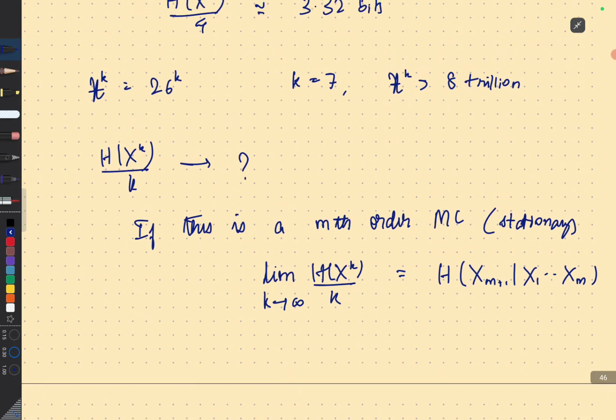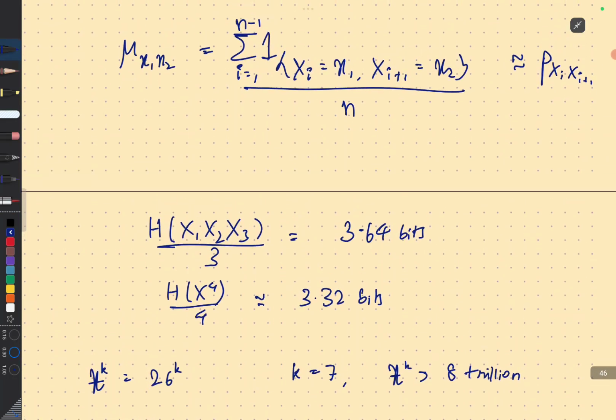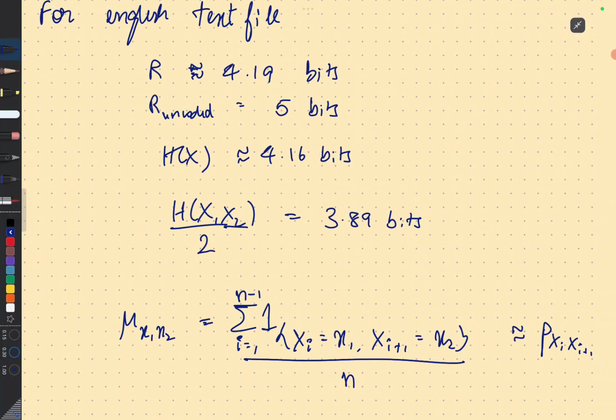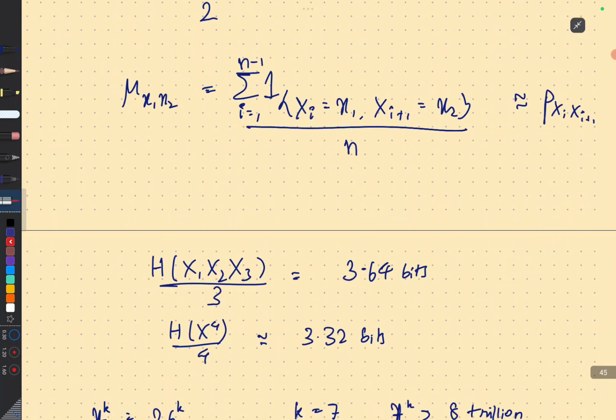But the point here is that even if we do symbol-wise encoding, that is, we treat it as an IID source, but the true distribution is some Markov chain, we can still achieve H of X. And we can get pretty close to H of X.